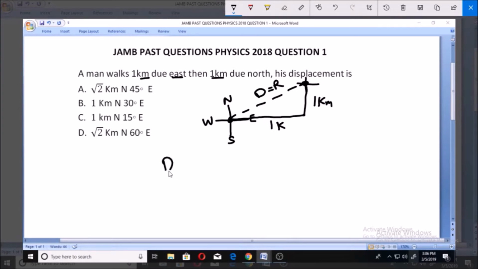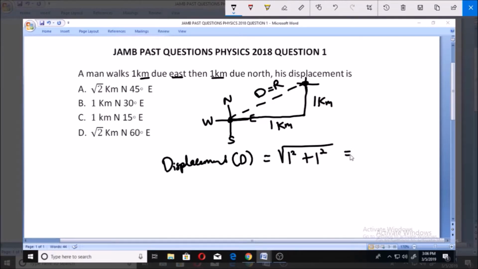Now this D, which we also call displacement, we can also call it R, is actually equal to, if you are given a right-angled triangle like this, and you are given these two sides, and you want to find this side, you can simply say that this side is equal to the root of what you have here squared, which is 1 squared, plus what we have here squared, which is another 1 squared.